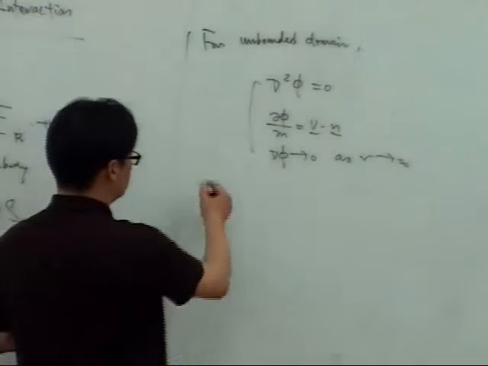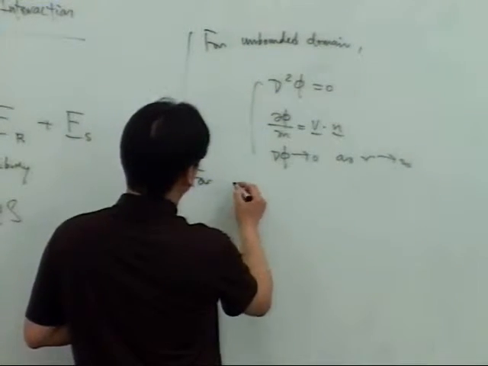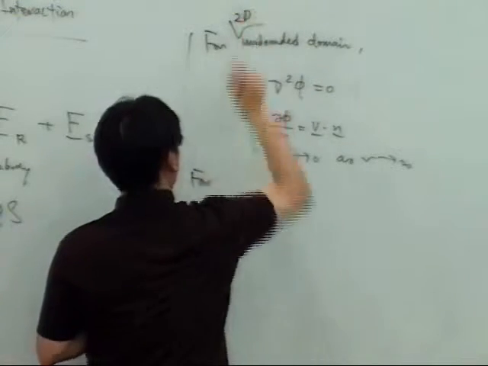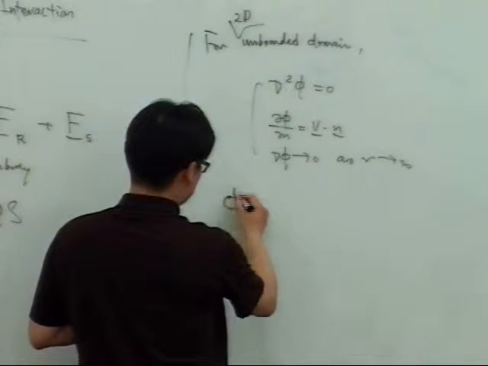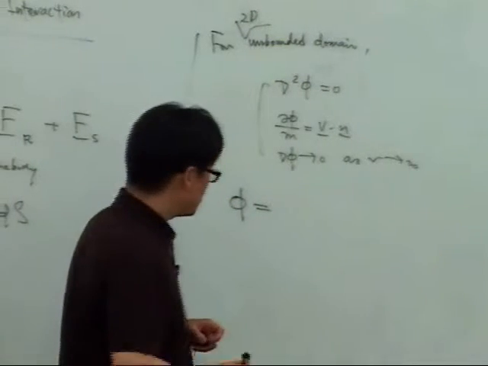Then for 2D, for a two-dimensional unbounded domain, you solve this by using a distribution of sources.